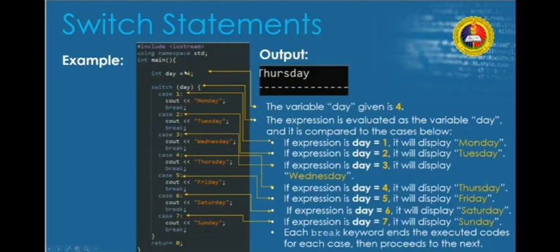But since this is 4, it will proceed to case 4, look for where it matches, and display whatever is inside that particular case. Always remember that each case must contain a break, otherwise it will automatically proceed to the next case, even if that case does not match our expression.